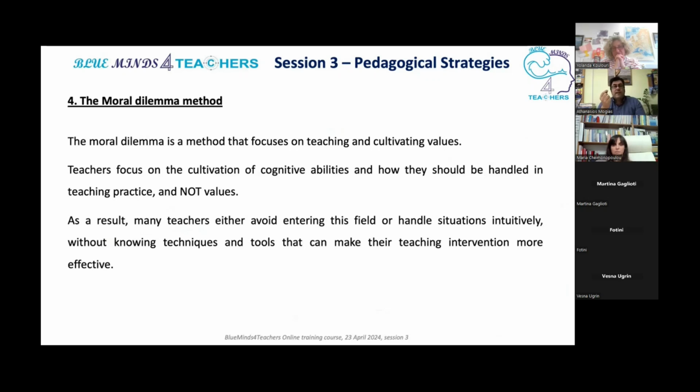Teachers focus on the cultivation only or mainly of cognitive abilities, strictly knowledge, and how they should be handled in teaching practice, but not values. As a result, many teachers either avoid entering this field or handle situations, let's say, intuitively, without knowing techniques and certain tools that can make their teaching intervention more effective.